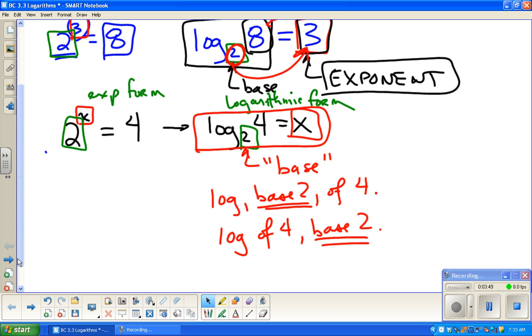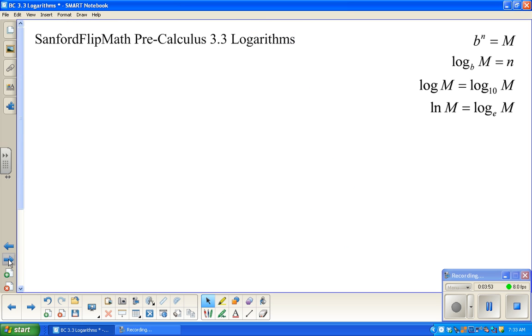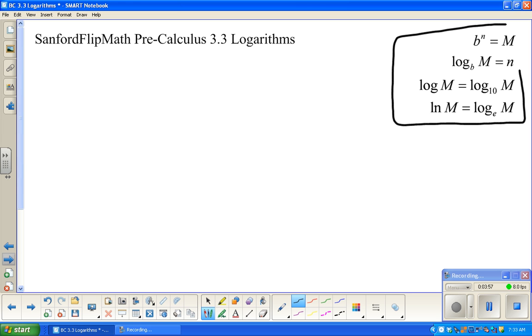Okay. So let's do some more examples with this, and I have the rules over here, just a reminder that those two go together. We're just going to do some basic calculation. Like log base 5 of 5.